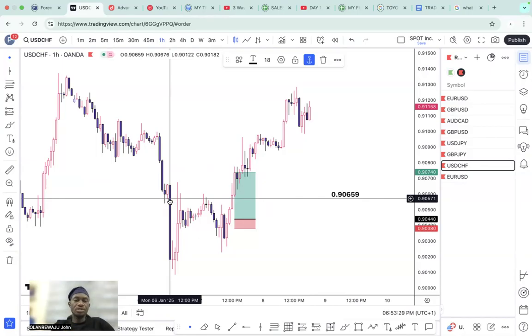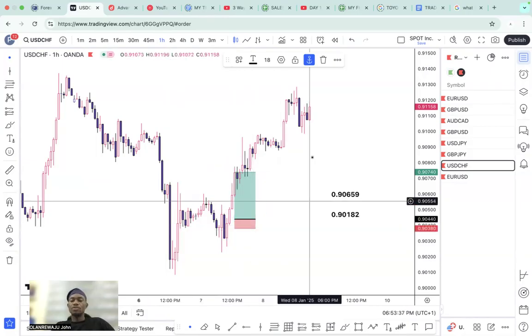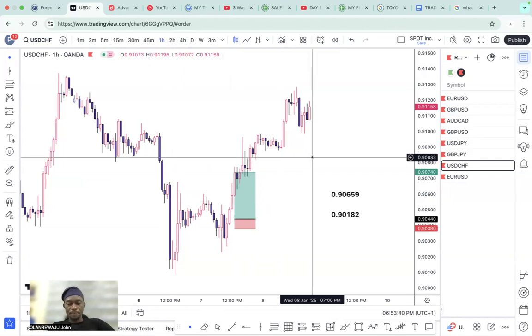So the close is 0.90182. 0.90182. So even just looking at it mathematically, which one is lower, the open or the close? The close is lower. What's the close? 0.90182. Lower than 0.90659.